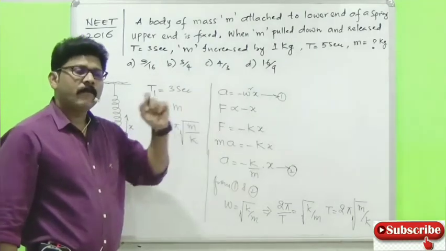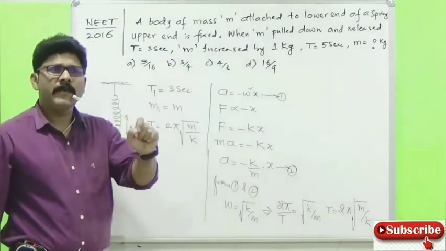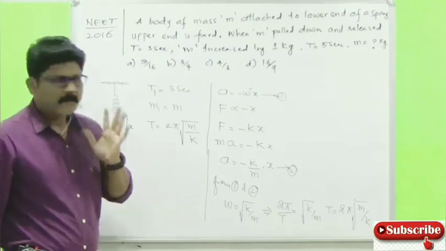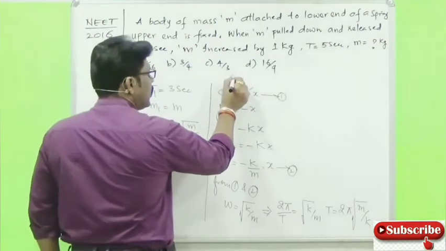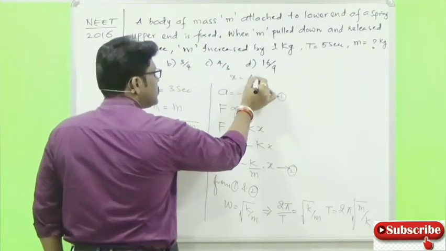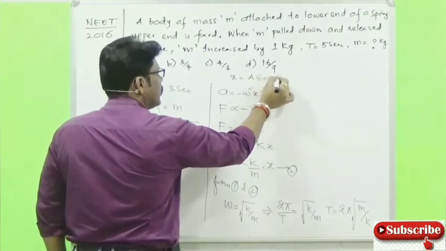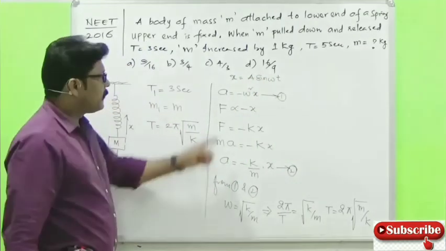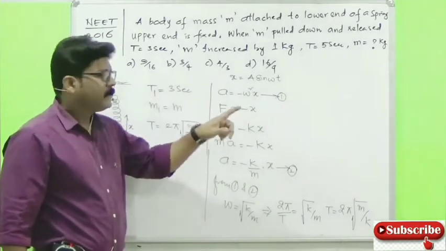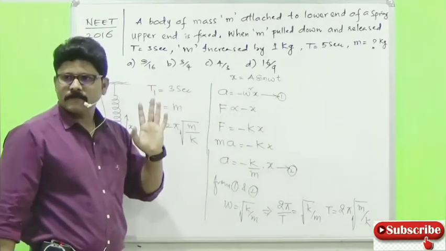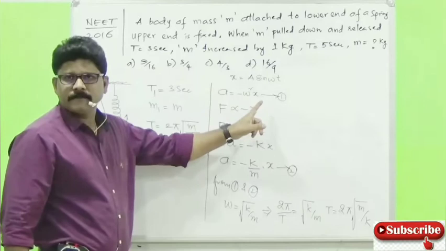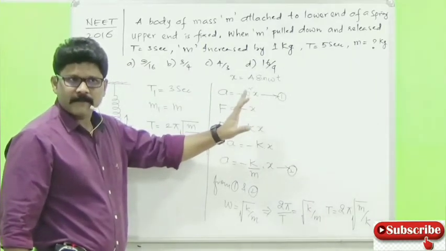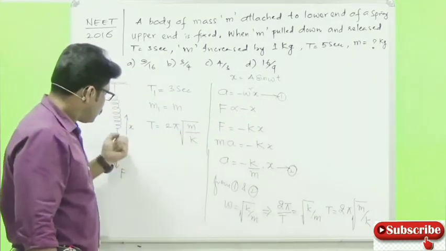The only principle that we require is x equals a sin omega t. If you know that for a simple harmonic oscillator x equals a sin omega t, then differentiate it twice, and you get acceleration. After getting acceleration, we compare with this one.